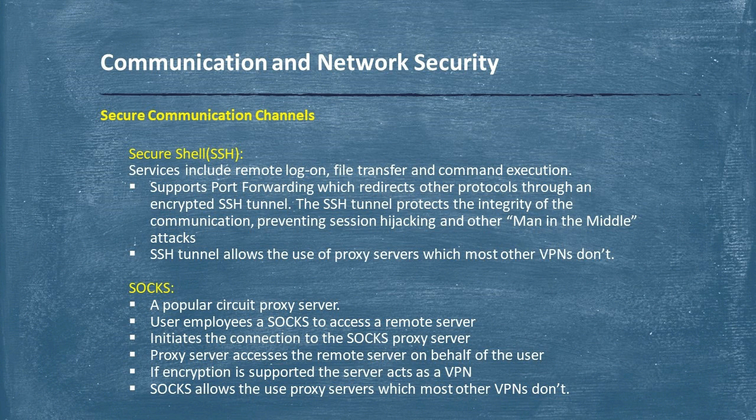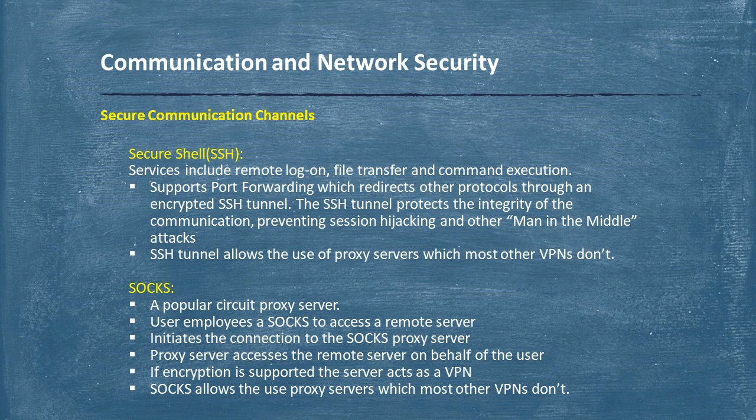It supports port forwarding, which redirects other protocols to an encrypted SSH tunnel. That is a secured way. An SSH tunnel allows the use of proxy servers, which most other VPNs don't. SOCKS is a popular circuit proxy server.